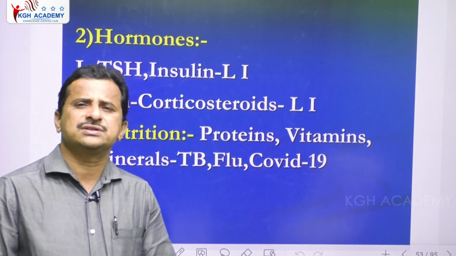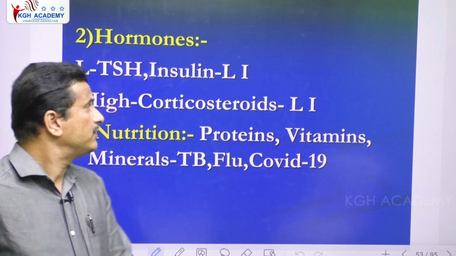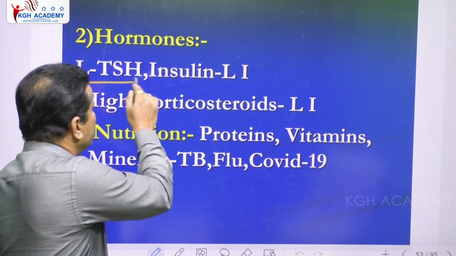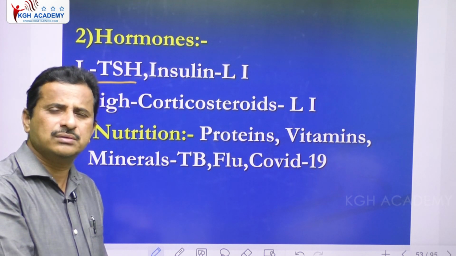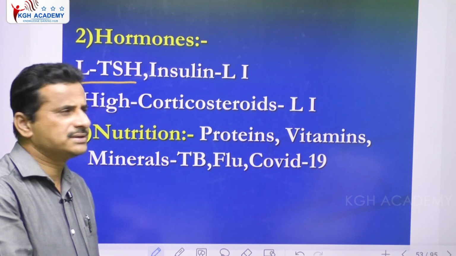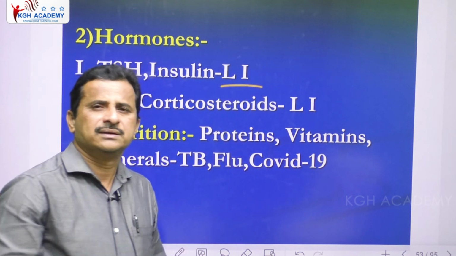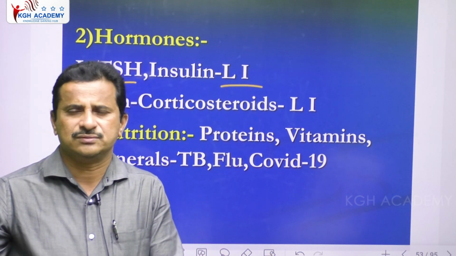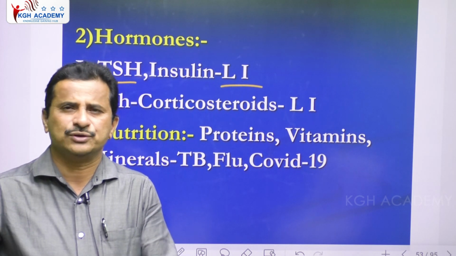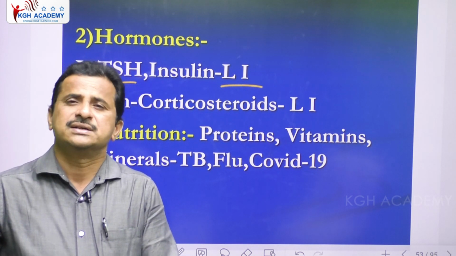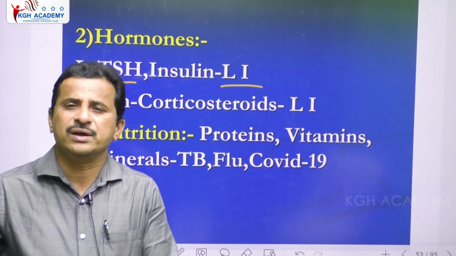Hormones. Some hormones also influence immunity. For example, if TSH, thyroid stimulating hormone, or insulin is low in any person, they have low immunity. That's why persons suffering from thyroid problems, that means hypothyroidism, and diabetes generally show low immunity.